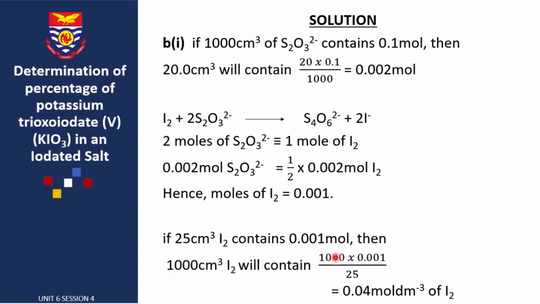It will contain 1000 times 0.001 moles divided by 25. That gives us 0.04 moles per cubic decimeter of iodine. So this is the amount concentration of iodine in solution A. And so we are done with this part, that is the concentration of the iodine in A.